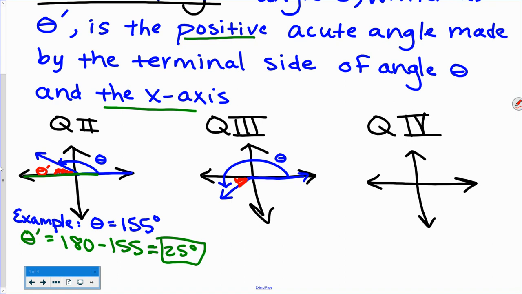Okay, so if we did an example here, and I say theta is 218 degrees. Let's find theta prime, so the reference angle. All right, so if I know a straight line makes 180, I need to figure out how many degrees past 180 that would be, and that's going to be my reference angle. So I need to take 218 minus 180. So theta prime would be 38 degrees.